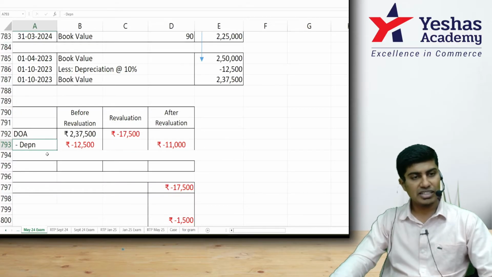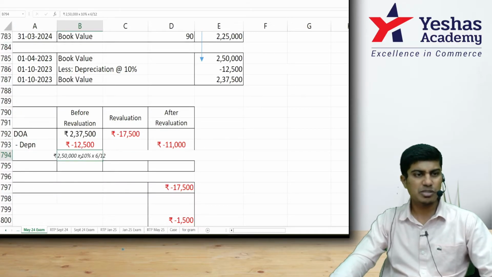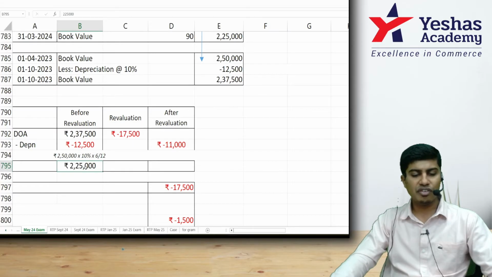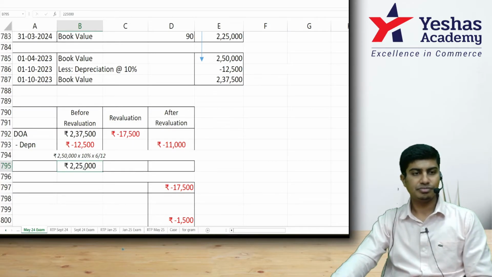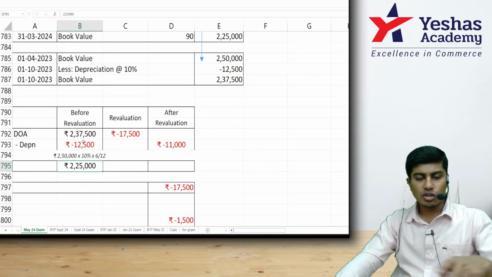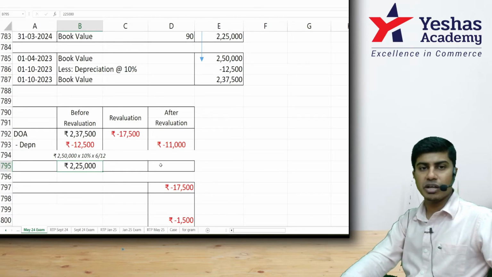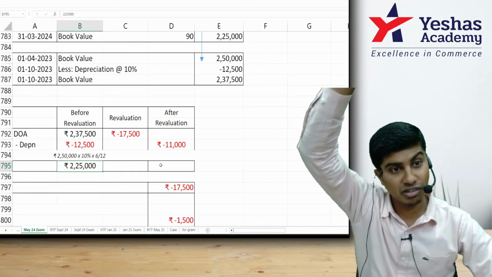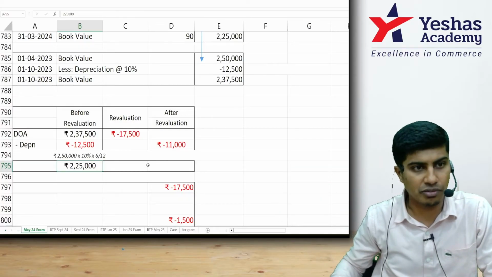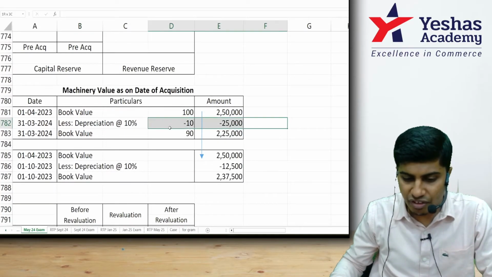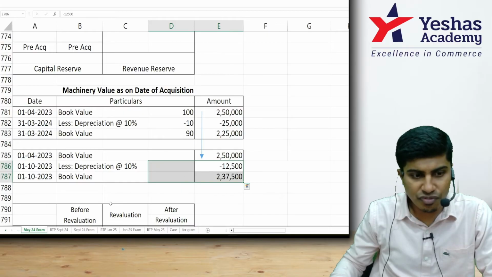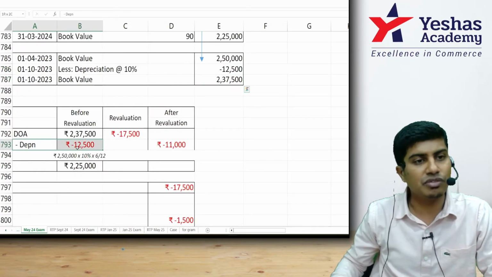On that, they would have charged a depreciation of 12,500, 6/12, and you would get 2,25,000. This is what is there in balance sheet. Am I right? We cannot do 2,37,500 into 10% into 6/12. 2,50,000 year beginning value into 10% into 6/12. Full year depreciation is 25,000. First half of the year 12,500, second half of the year 12,500.